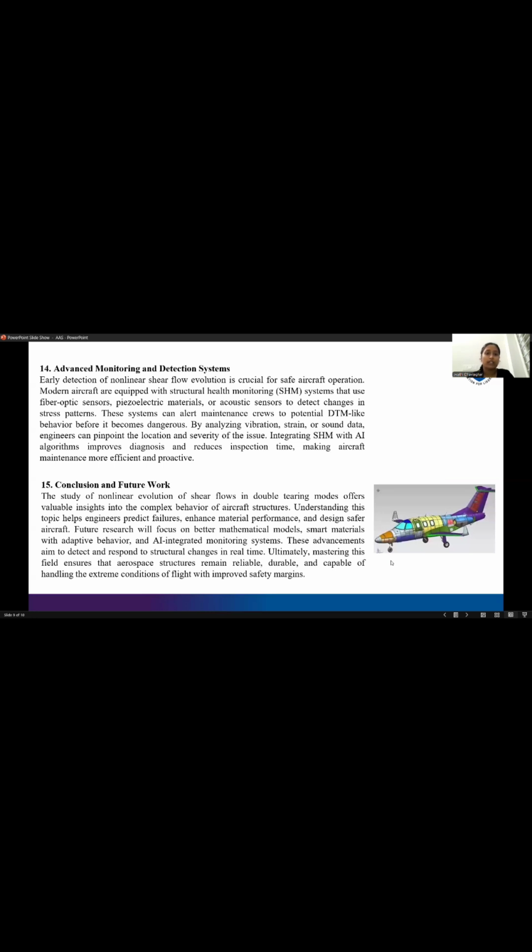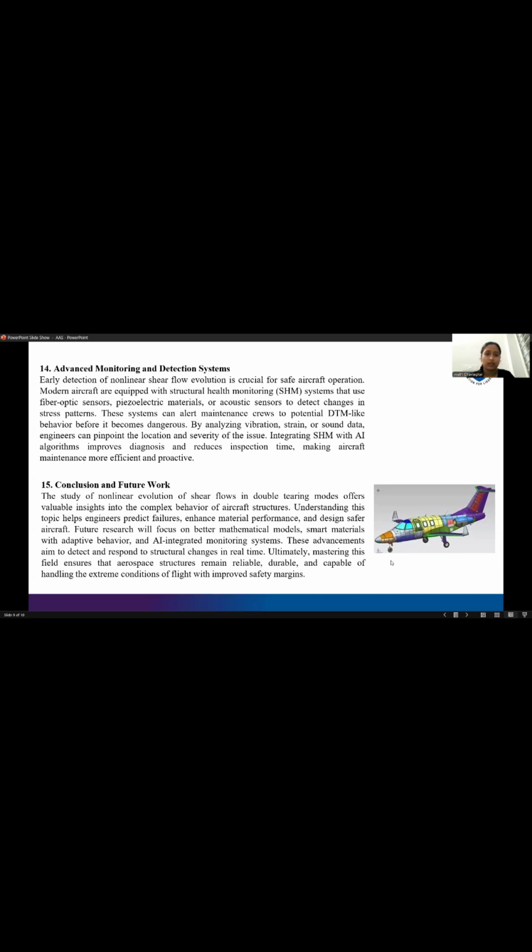Advanced monitoring and detection systems. Early detection of nonlinear shear flow is crucial for safe aircraft operations. Modern aircraft are equipped with structural health monitoring systems. They use fiber optic sensors to detect changes in stress patterns.